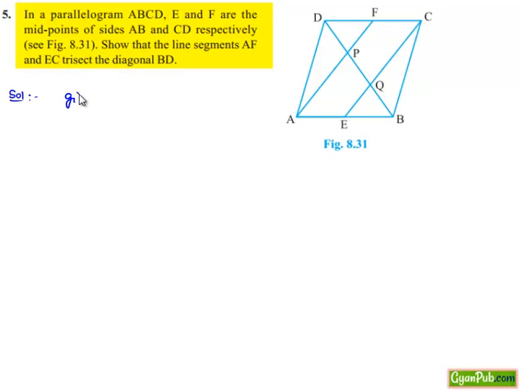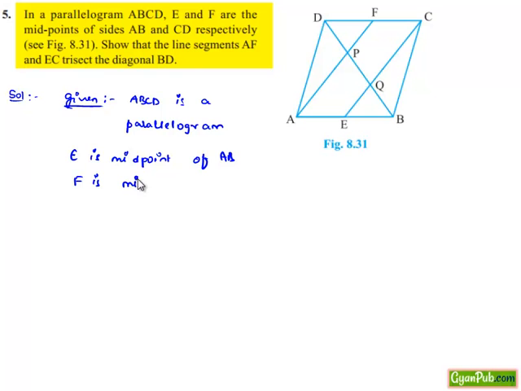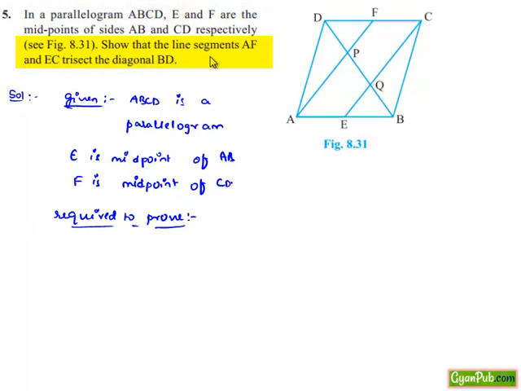Given that ABCD is a parallelogram in which E is midpoint of AB and F is midpoint of CD. And we are required to prove that line segments AF and EC trisect BD.